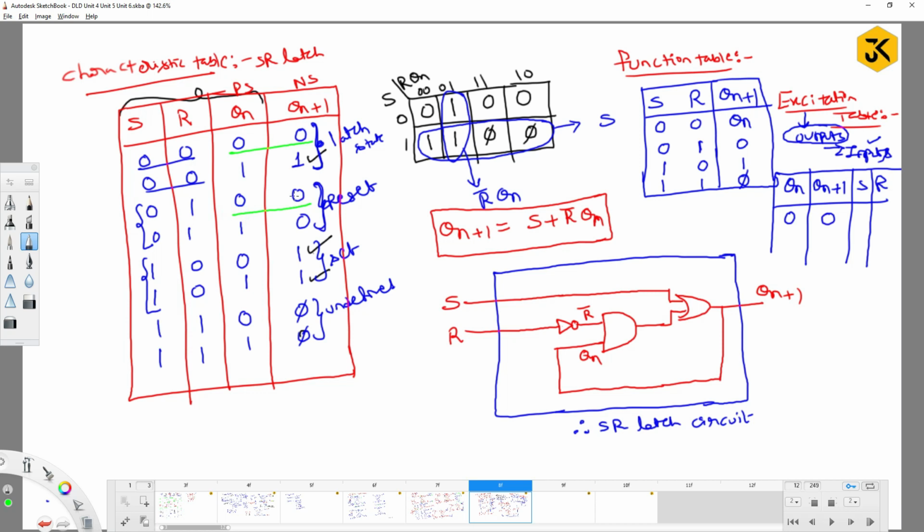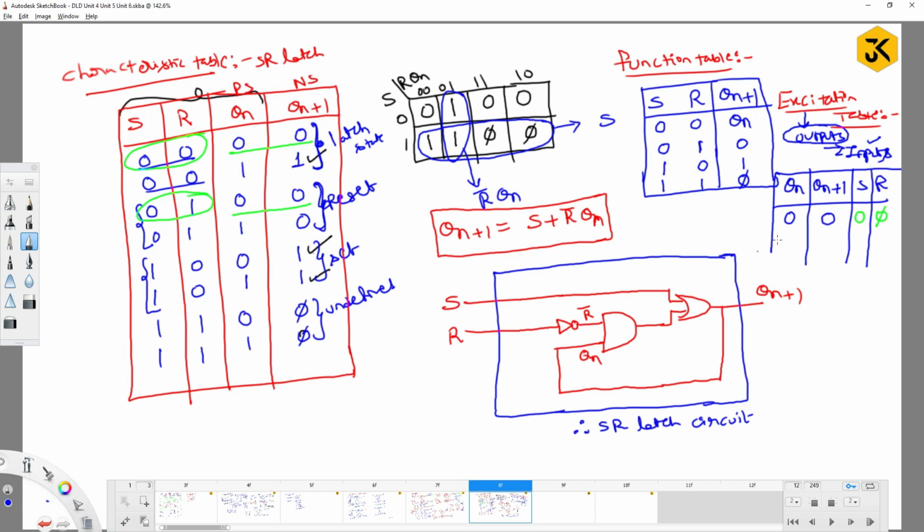Meaning that we have two combinations where the present state is 0 and the next state is 0. What might the inputs be? One is 0, 0, another one is 0, 1. Can I write it as 0 and a don't care variable? What does that mean? S is always 0 and R is one time 0, another time 1. I can represent it like this.